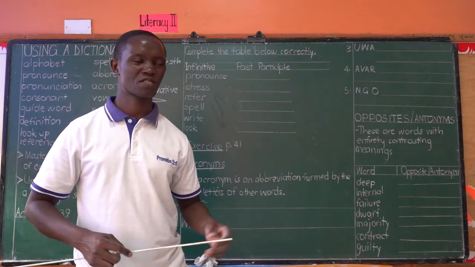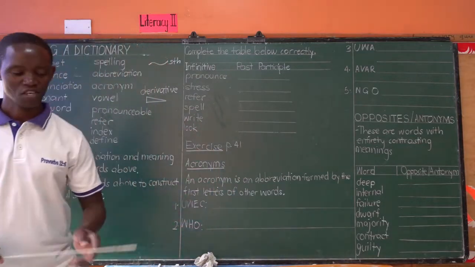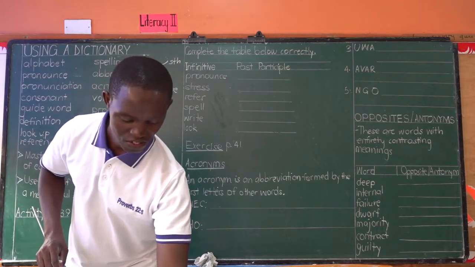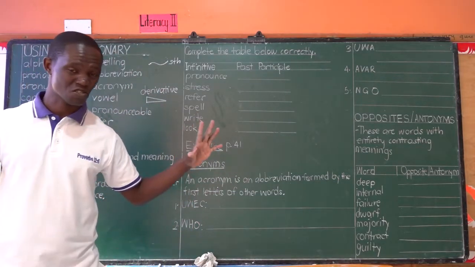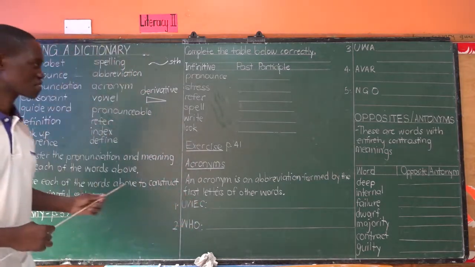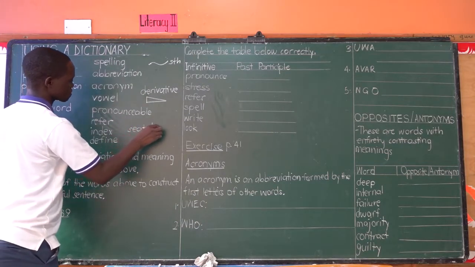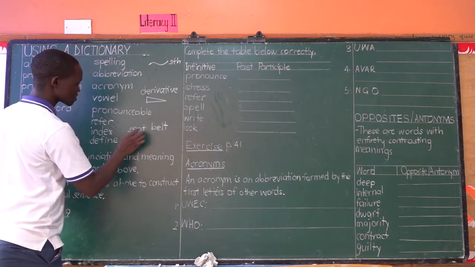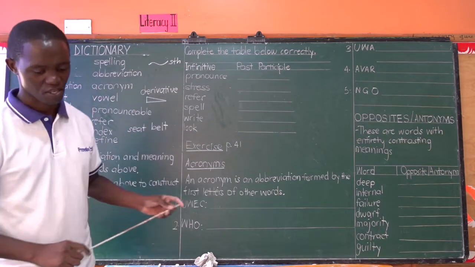If a word doesn't have syllables, then they write it straight away as one word. If there are two separate words, for example, seat belt, then you will see it written separately in your dictionary like that, seat belt.